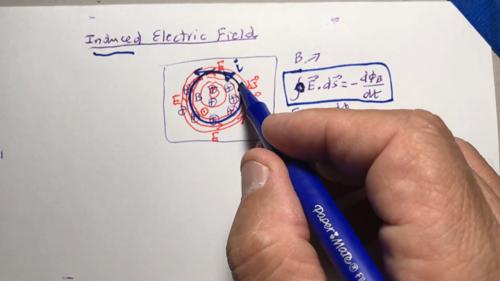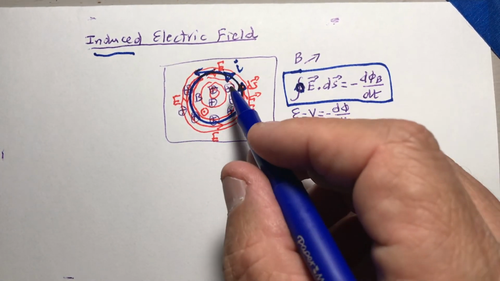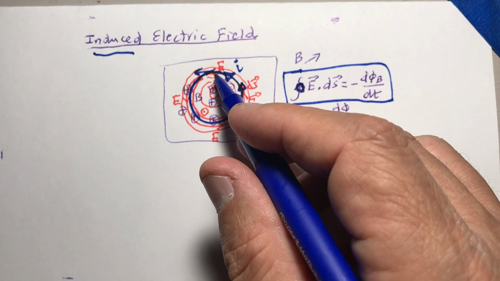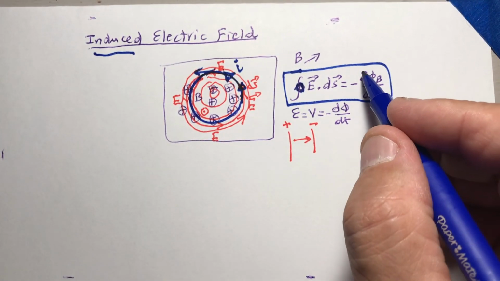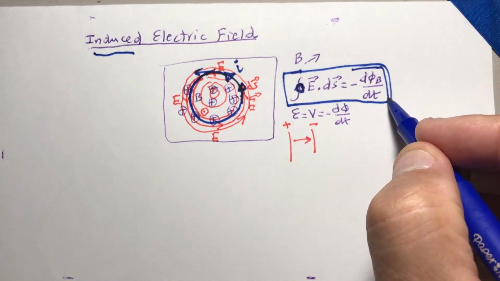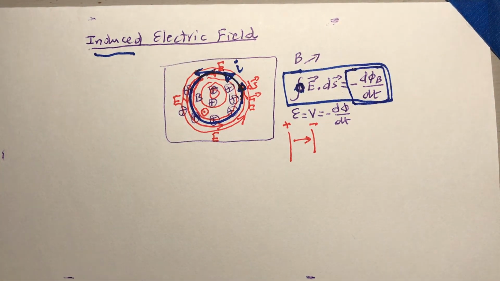When you sum all of this, you're going to get the voltage across that wire, if we have a wire, or you get this change in flux here. And that's the induced electric field.